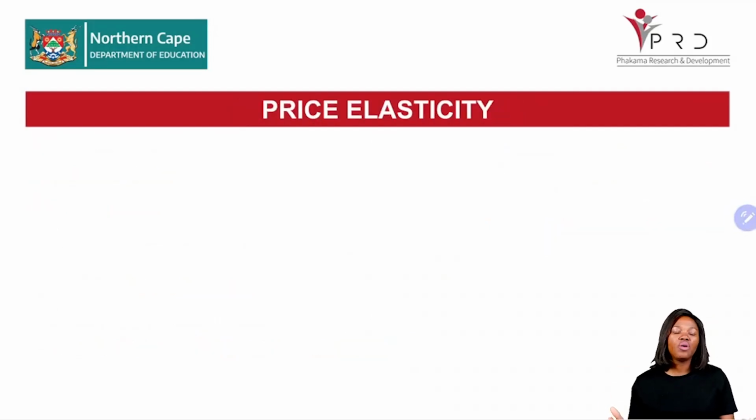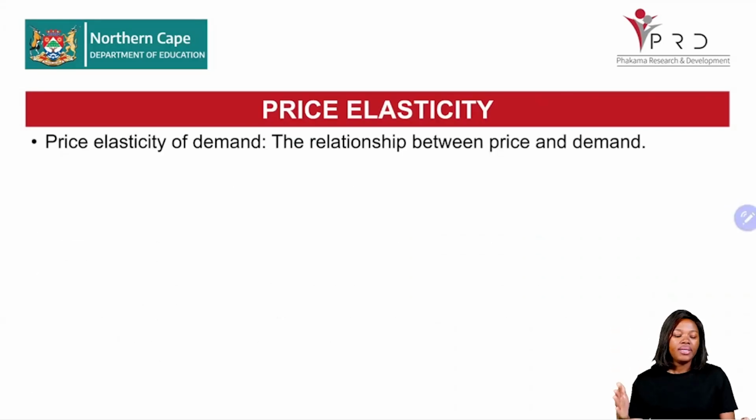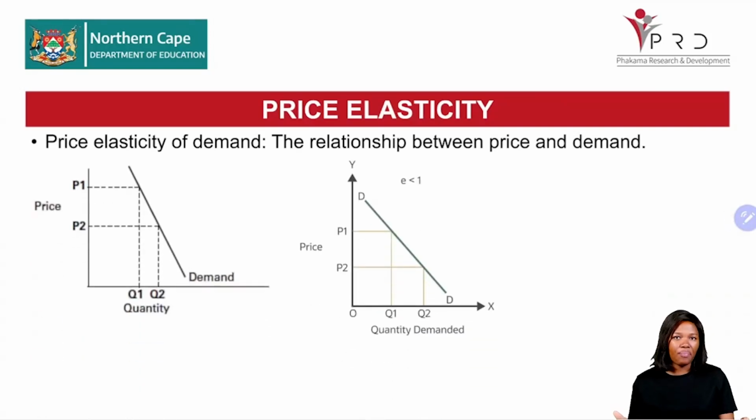Now, the last topic on price determination is price elasticity. For price elasticity, you need to know two things: price elasticity of demand as well as price elasticity of supply. Let's start with price elasticity of demand. It speaks of the relationship between the price and the demand.